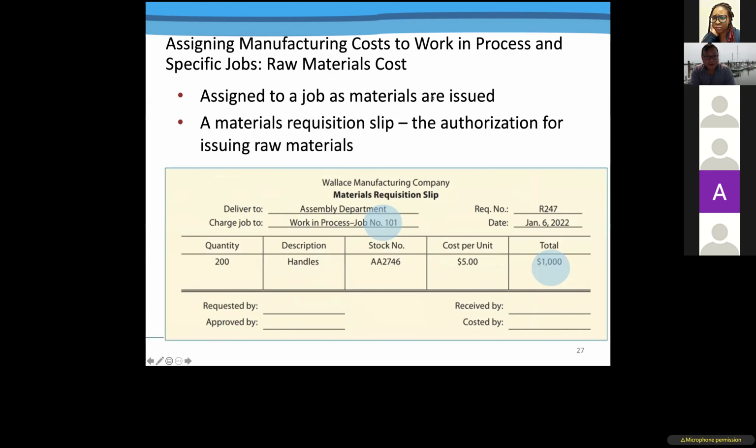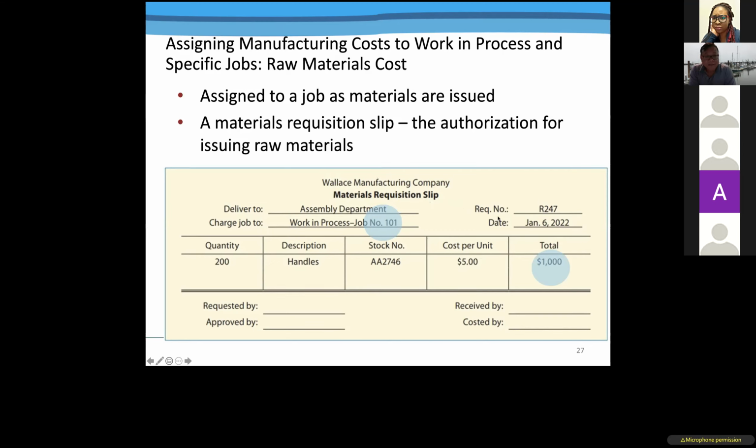So for example, here would be a different kind of slip. This is called a materials requisition slip. This is when you order the materials to be used for the work in process inventory.